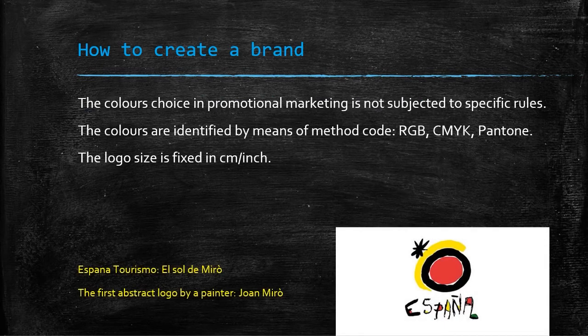Consider that you need to integrate the name and the eventual payoff to the logo in the aim to get a harmonious brand. The color choice in promotional marketing is not subjected to specific rules, but it is influenced by several factors: trends, fashion, anthropological and cultural archetypes, psychological moods, male and female preferences, technical imperatives due to readability, like combination of colors, or printing practice.